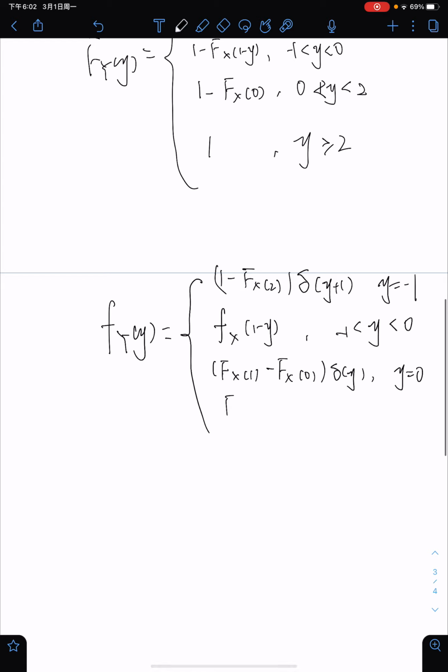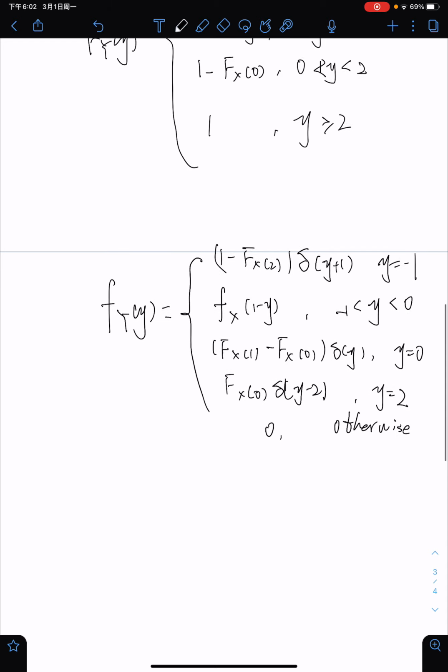And next part, okay, the part from 0 to 2, here the density function is 0, so we put it into otherwise.